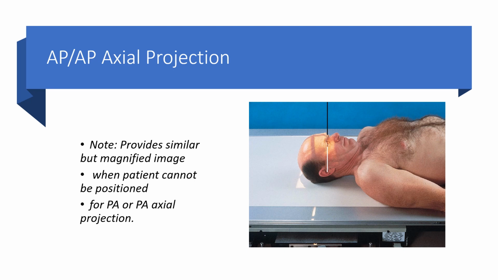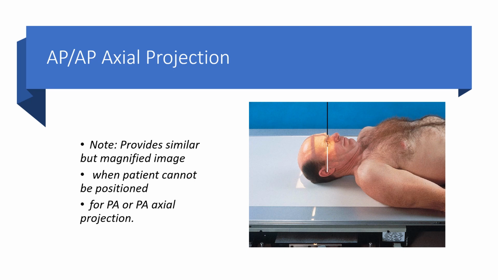When you substitute an AP for PA, you're magnifying the orbits and the borders of the orbits. You're also magnifying the frontal bone and the coronal suture. It's just farther away from the image receptor. But sometimes you're in a trauma setting, so you can't exactly do a true Caldwell or a true PA. You've got to substitute a reverse Caldwell, okay?